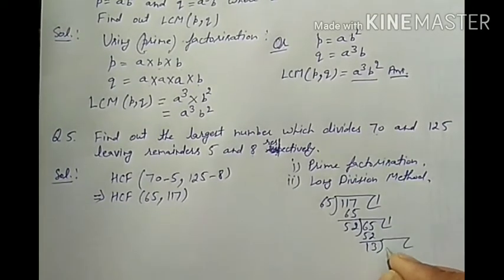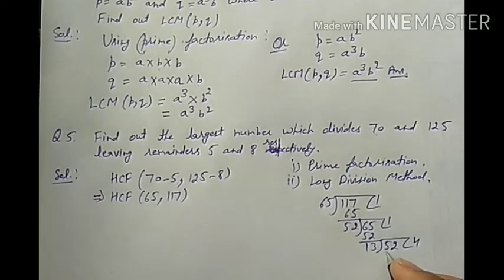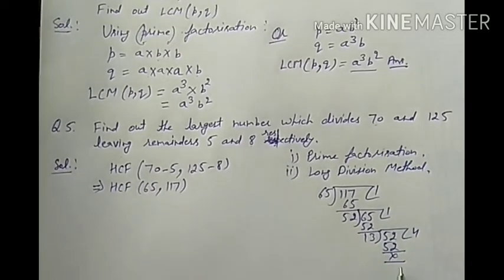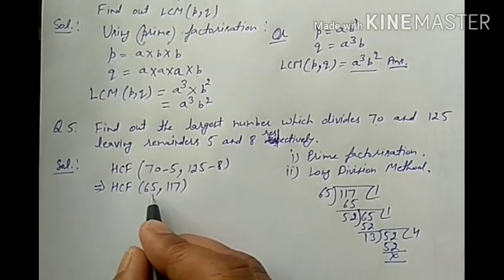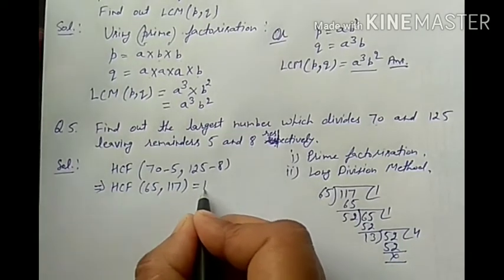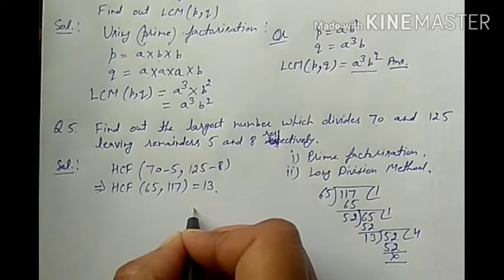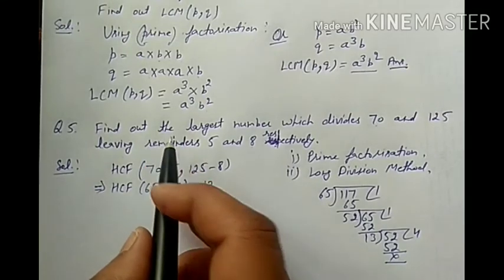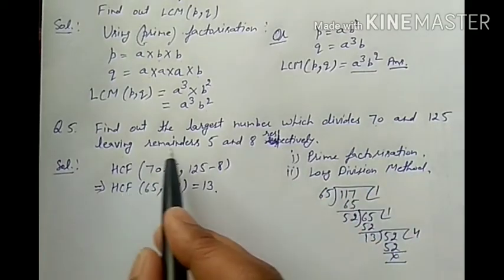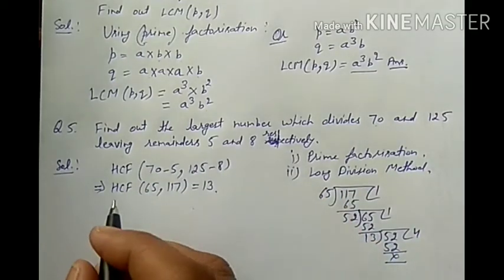So 52 will be dividend this time, and 13 4 is 52 and remainder is 0. If remainder is 0, at that time what is the divisor? Divisor is 13. So HCF of 65 and 117 is equal to 13. Hence, the largest number which divides 70 and 125, leaving remainders 5 and 8 respectively.